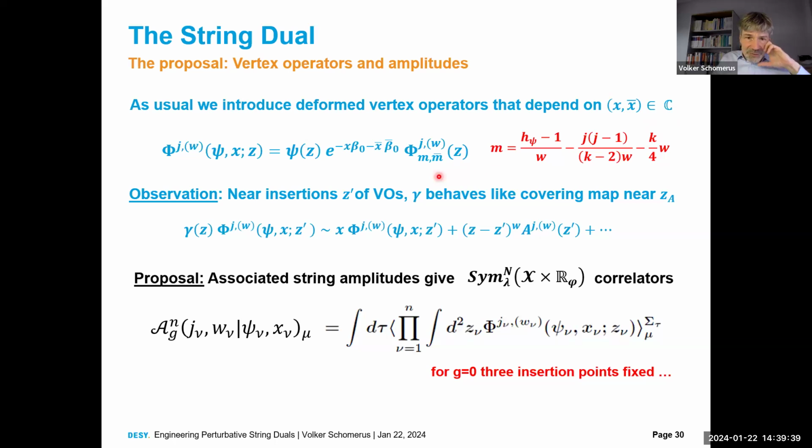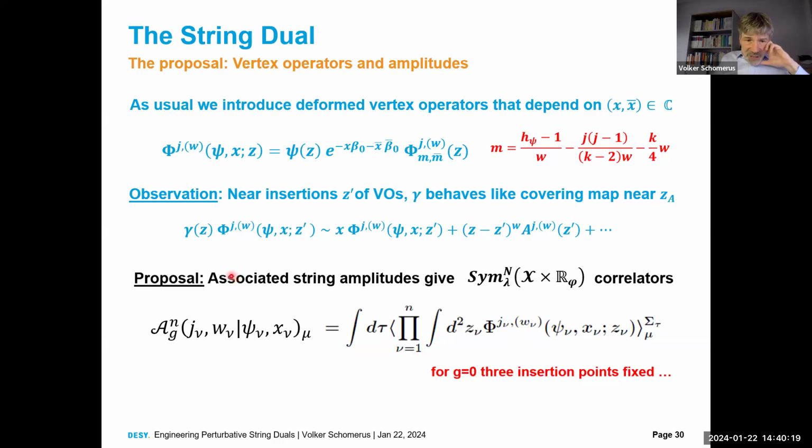And as was observed many times before, when you bring gamma near to these deformed operators, what happens is because of this deformation, so I pointed out before that without the deformation, if x was equal to 0, these operators would have a zero of order z of order w at the insertion point z prime. That was the property of this spectral flow ground state. But if you deform by x, then it is x plus this. And that should remind you, of course, of the property of the covering map gamma.